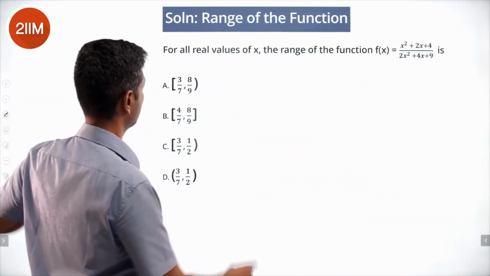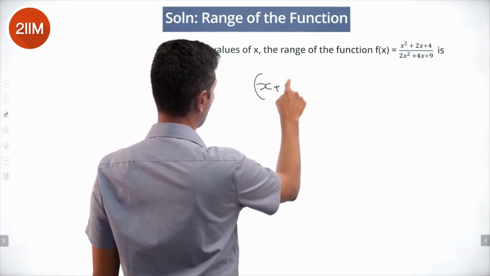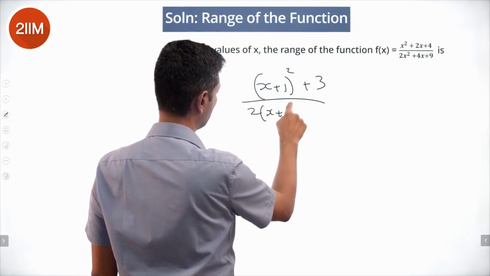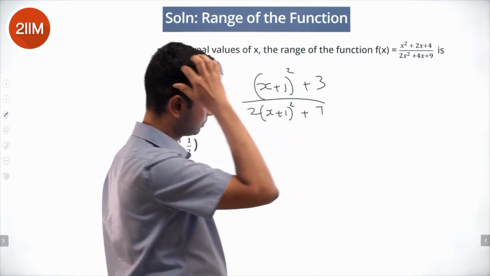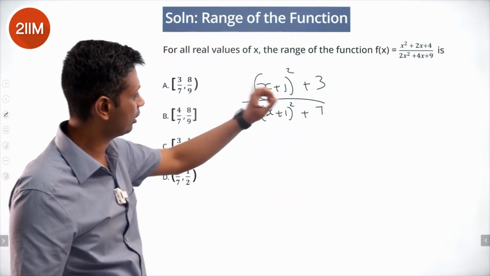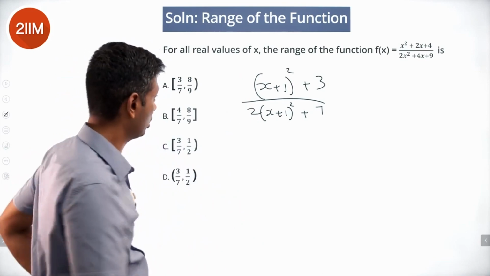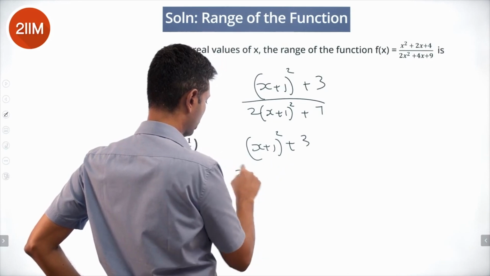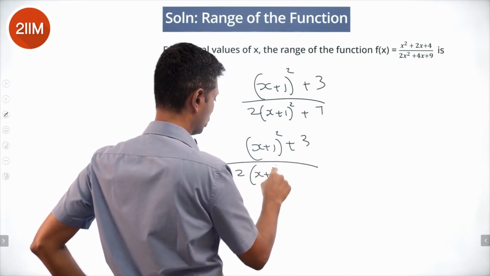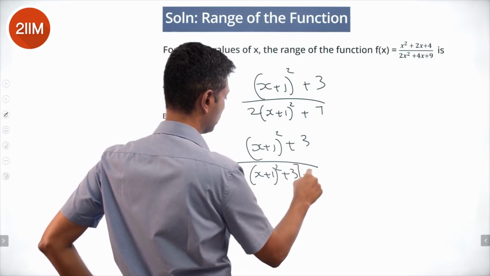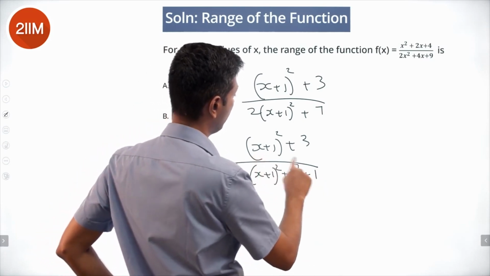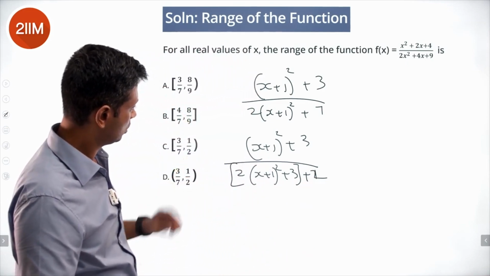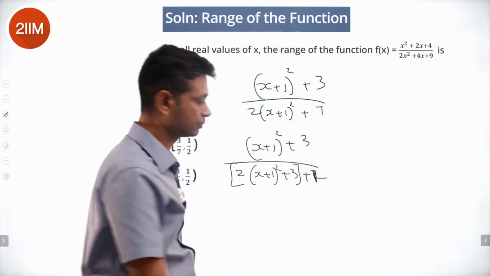Or I can rewrite this expression as (x plus 1) whole square plus 3 over 2 times (x plus 1) whole square plus 7, or (x plus 1) whole square plus 3 over 2 times ((x plus 1) whole square plus 3) plus 1.